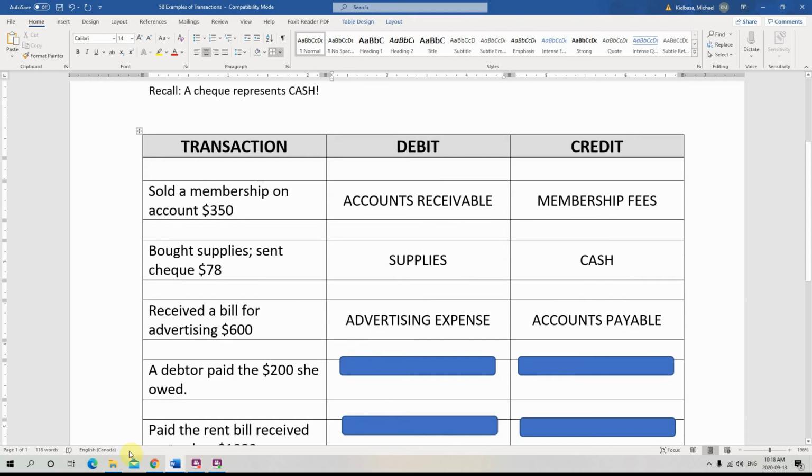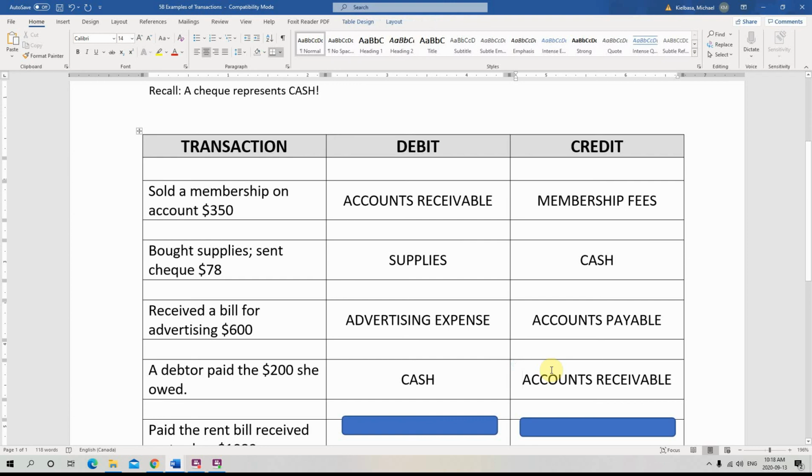Next one. A debtor paid the $200 she owed. So cash is going to be debited because I'm receiving the money, and accounts receivable is going to go down because she no longer owes me that money.